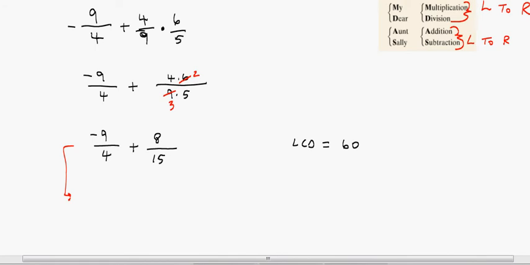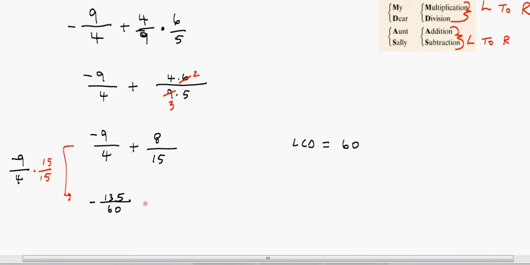I've got to multiply negative 9/4 times 15 over 15, because that's how I'm going to get the denominator I need. In the denominator I'm going to have 15 times 4, which is 60, my LCD. In the numerator, 9 times 15 is 135. It's going to be a negative because a negative times a positive is a negative.